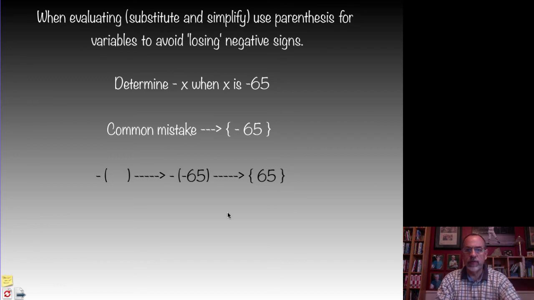And then to remove the parentheses, we multiply this negative 1 times this negative 65, and it becomes positive. So you can see how the answers, positive 65 and negative 65, are very different. It's because we make the mistake of writing negative, and then looking at the negative 65, and we forget to put the second negative sign, and we end up with just a negative 65. So I want you to write parentheses when you're evaluating.